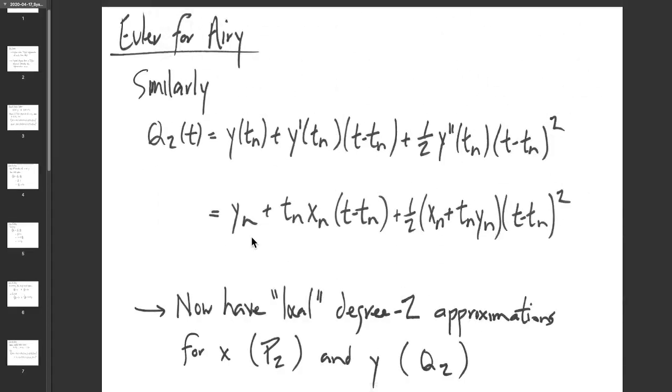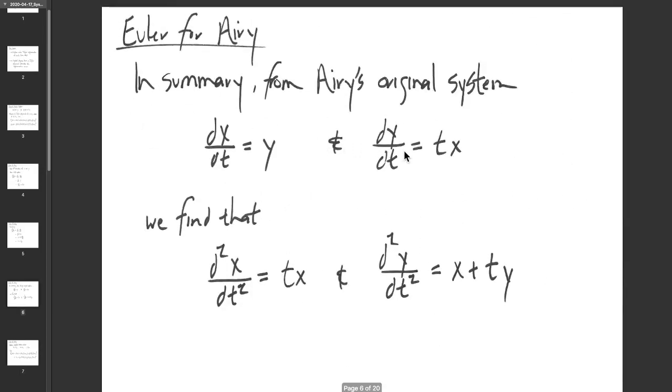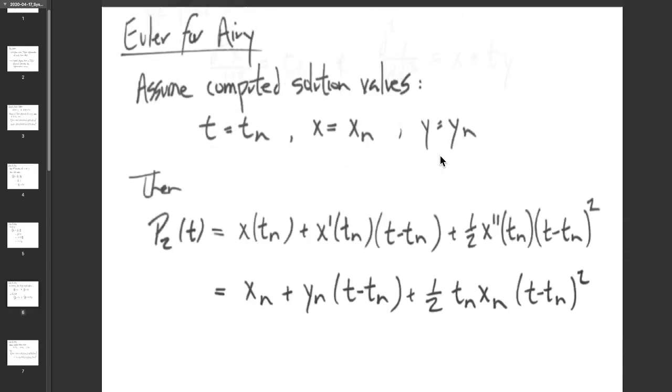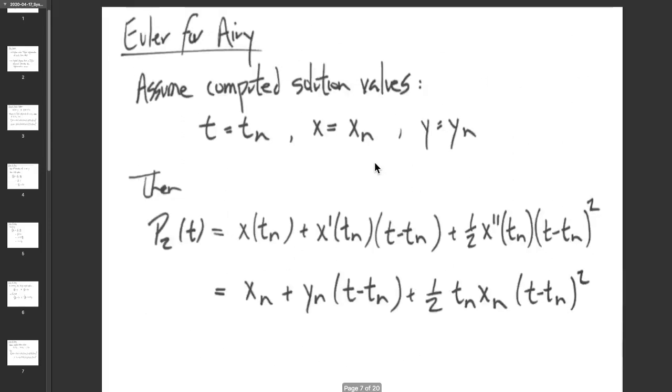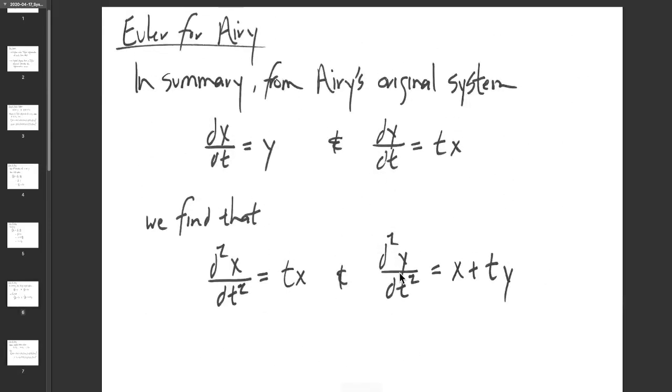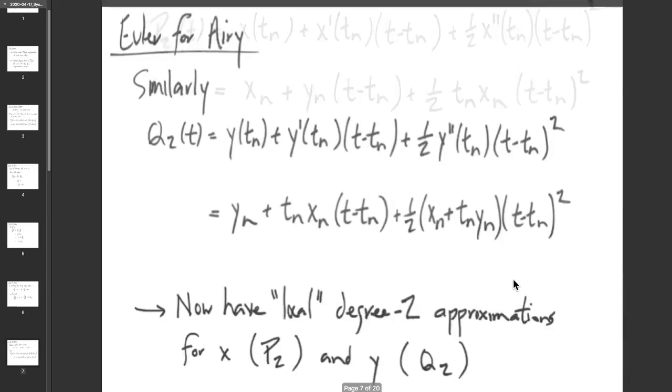Similarly, you can derive the second degree polynomial for y, and I'm calling that q here. y prime at tn, well, from the original DE, y prime is t times x, so y prime at tn would be tn times xn. y double prime at tn, from our work a few slides back, would be x plus ty evaluated when t equals tn.